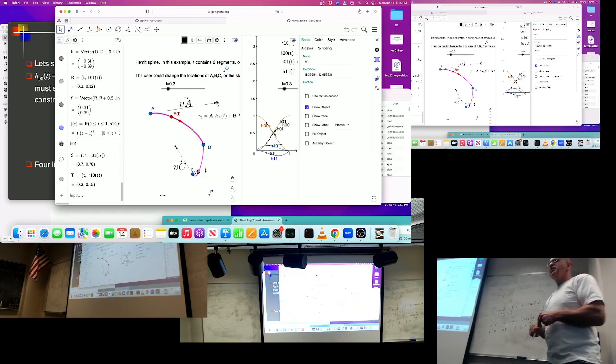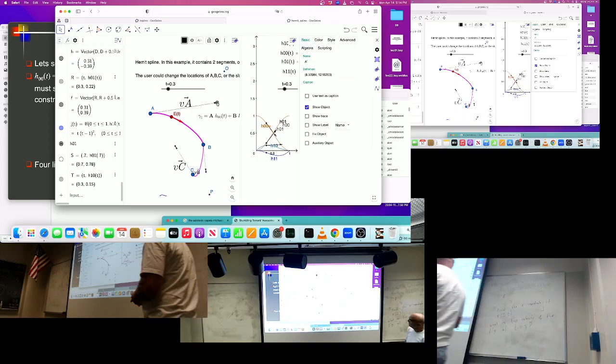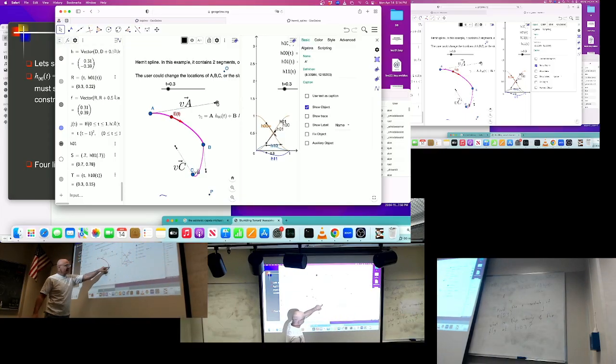What is the velocity of this fly that goes along our curve? Then I ask it, t equals 0.3. And we'll talk a bit more about velocities and such.